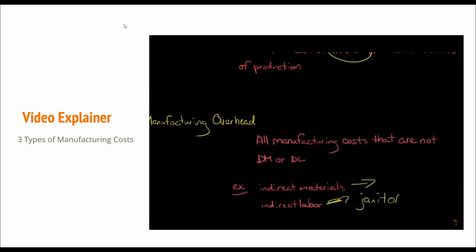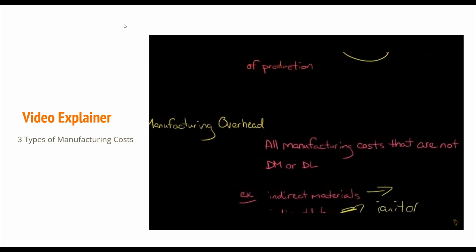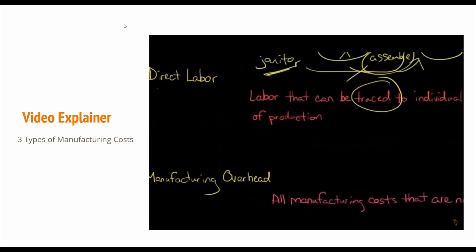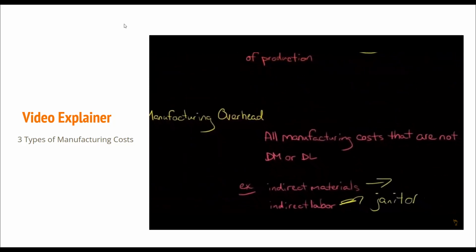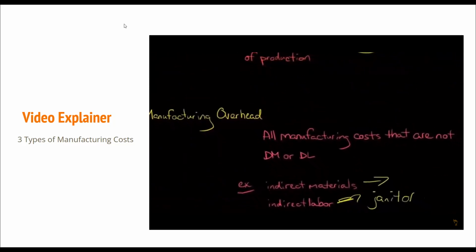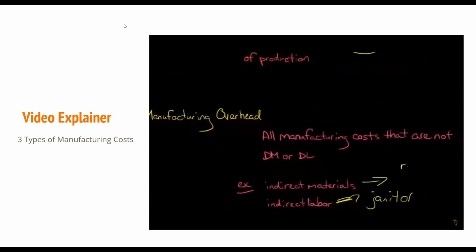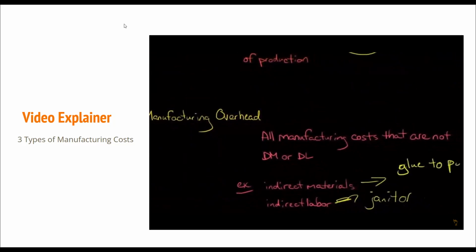It's not really like steel to be used for the car. Say they're using a glue gun in the factory to put together your rear view mirror. So let's say there's glue to put together a component.